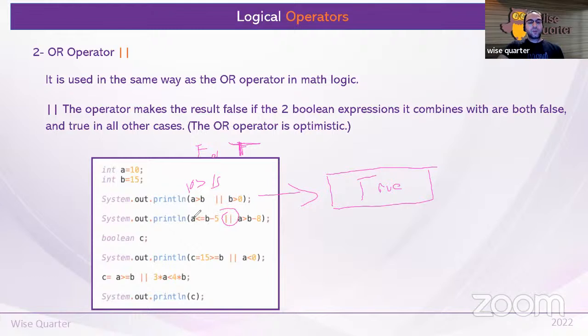It says 10 is, oh, I'm saying 10, I'm writing 18, I don't know why. 10 is smaller or equal to B minus 5, it is also 10. They're equal, right? So it is true. Or 10 is higher than 7. It is also true. We have 2 truths here, and still the result will be true.